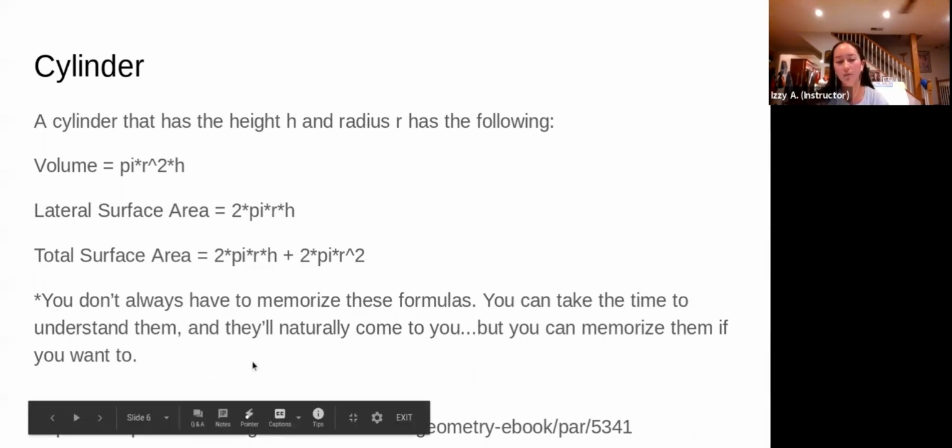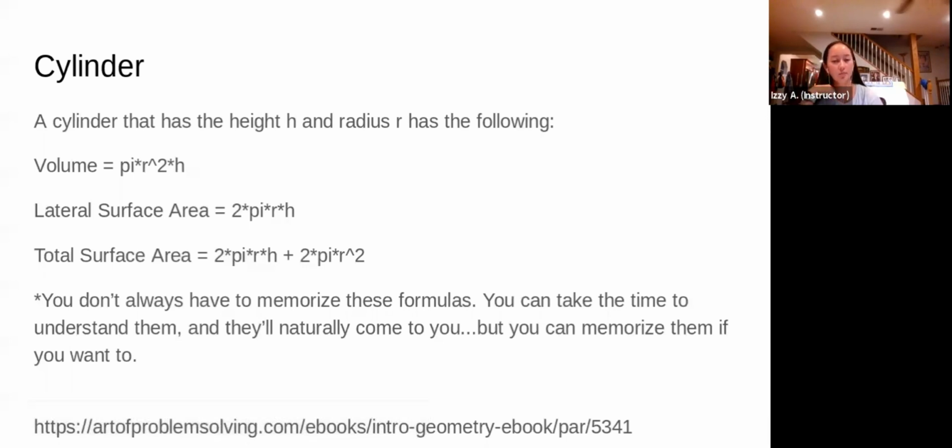And so this is just a side note. You don't always have to memorize these formulas. You can take the time to understand them, and they'll naturally come to you, but you can memorize them if you want to. But the way that we did it in the previous problem, I think that would definitely help you with your problem solving skills. And of course, if you're the type of person who likes to memorize formulas, then go ahead.